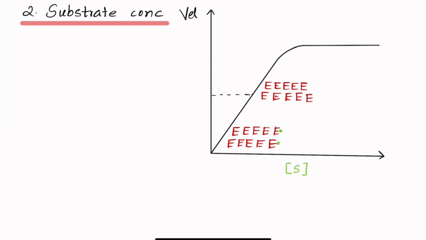Out of 10 enzyme molecules, half of the enzymes form enzyme substrate complex because the number of substrate molecules has been increased from 2 to 5. So 1, 2, 3, 4, 5. At this particular condition, the velocity of the reaction is half of the maximum velocity.